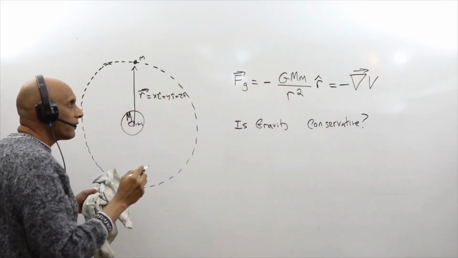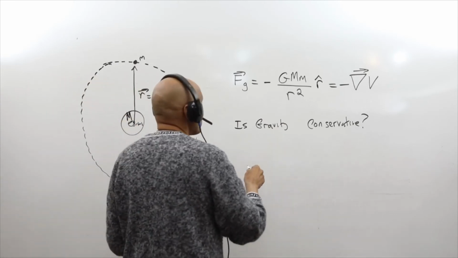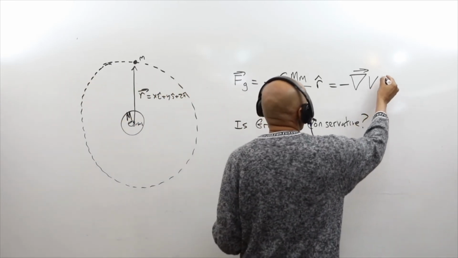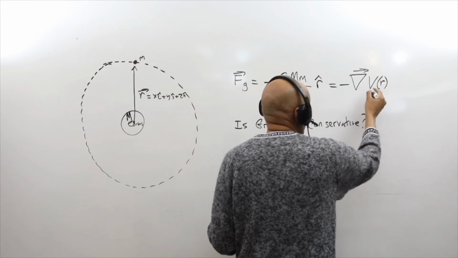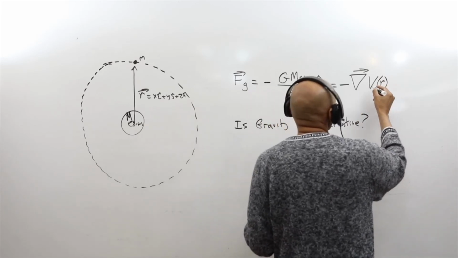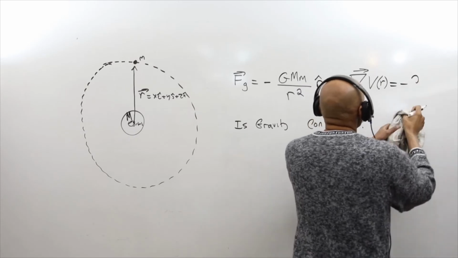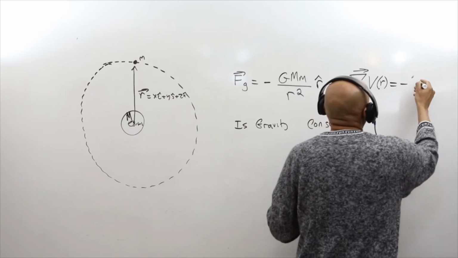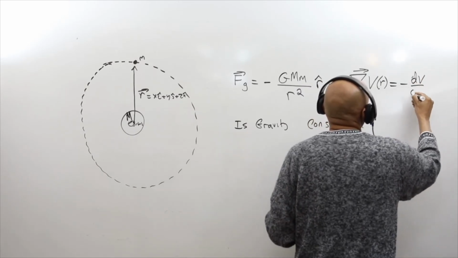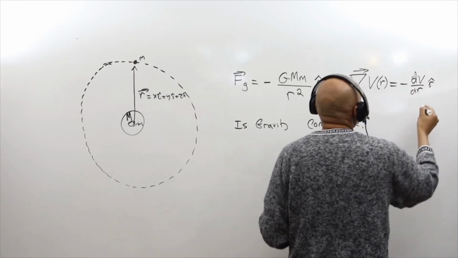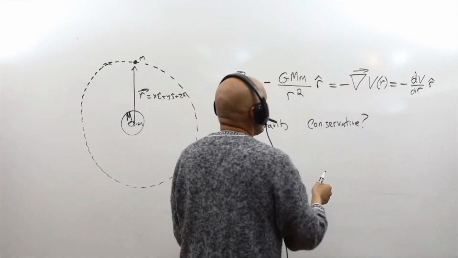But we already know how to calculate things, because if somebody gave you a potential function in terms of r, I know how to calculate this. I know that this is equal to the derivative of V with respect to r, times r hat.